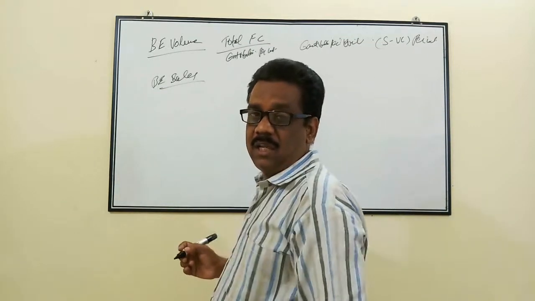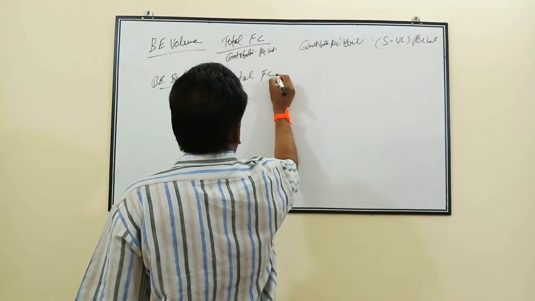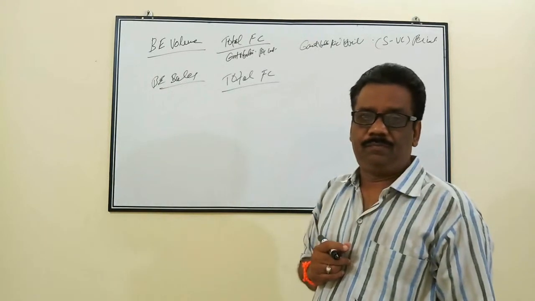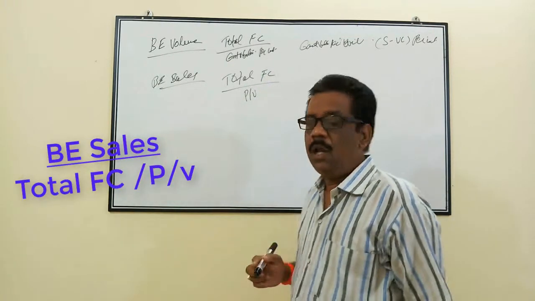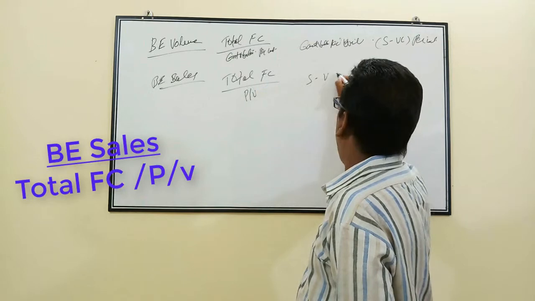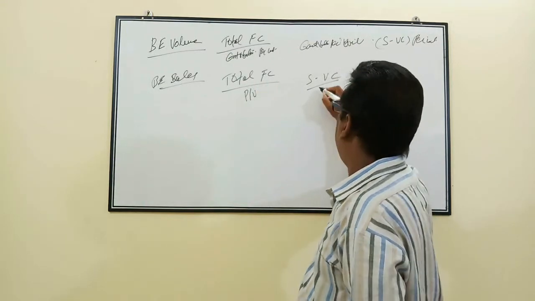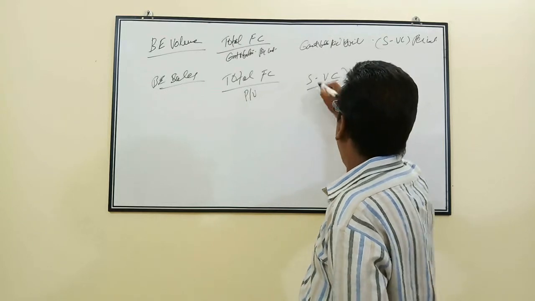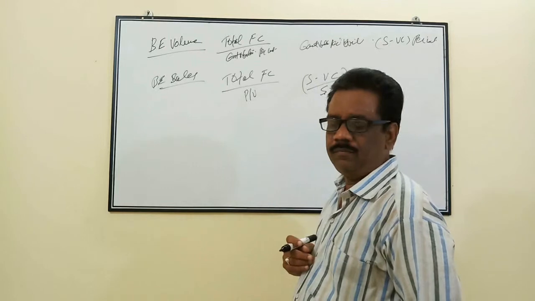To derive this equation, the numerator is total fixed cost by PV ratio. PV ratio, as we already understood, is the proportion between sales minus variable cost and sales.